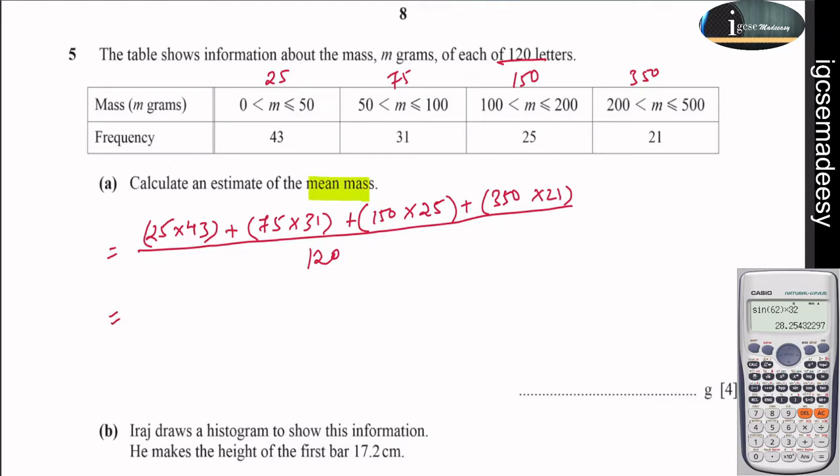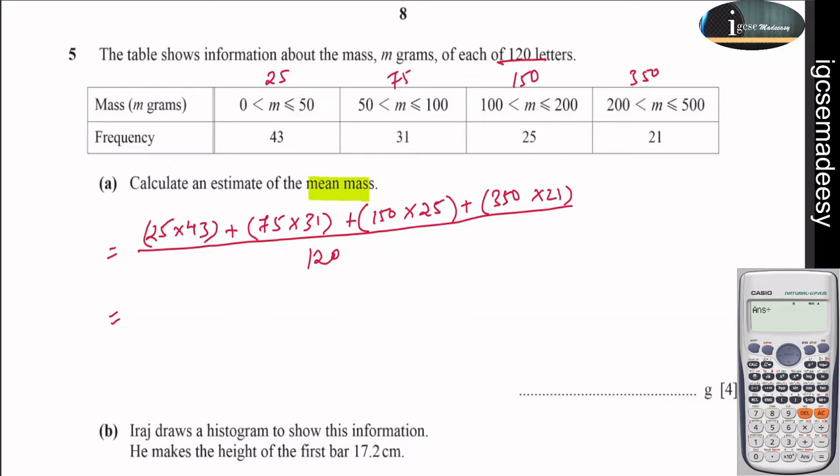So if I use the calculator, 25 times 43 plus 75 times 31 plus 150 times 25 plus 150 times 25 plus 350 times 21, that gives you 14,500.